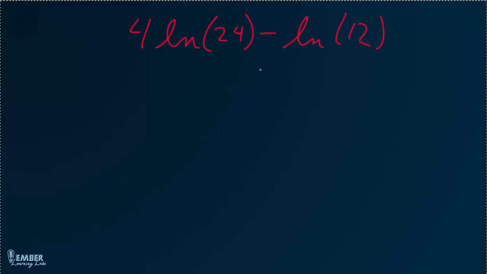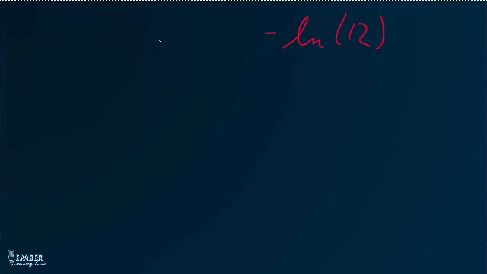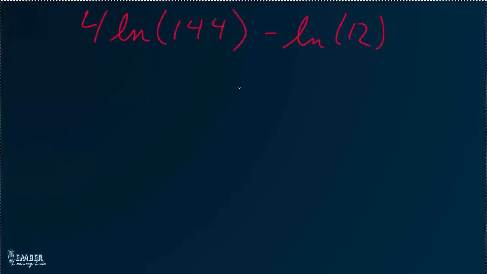First of all, I forgot that I changed this problem when I did it live the other day; that works out ugly. So erase it. Hope you're taking notes in pencil. Usually that's a live class only thing, but you're welcome. You got a new experience. So it's actually going to be 4 times the natural log of 144. That's going to work out much prettier.